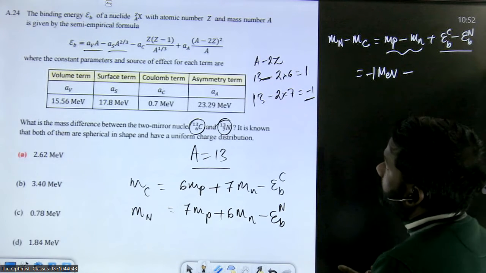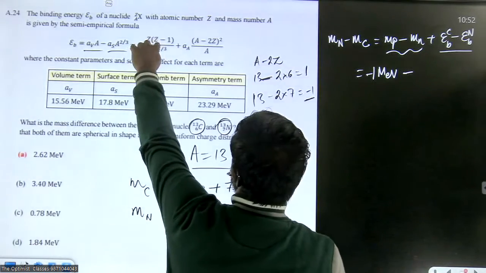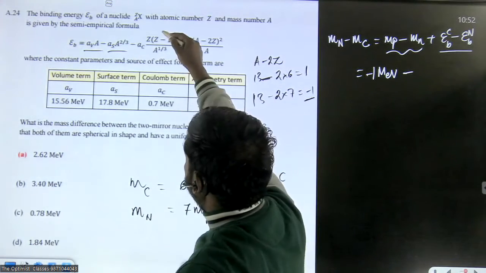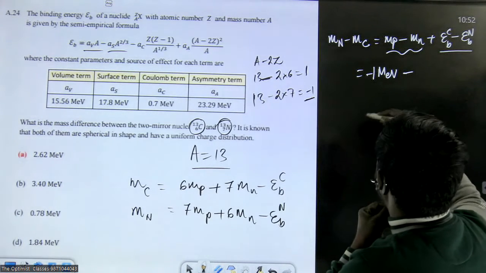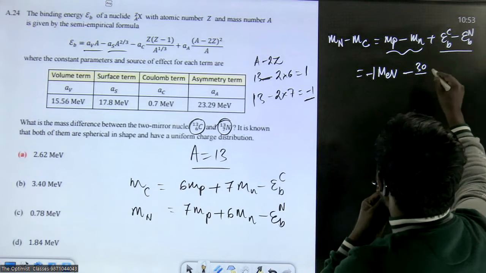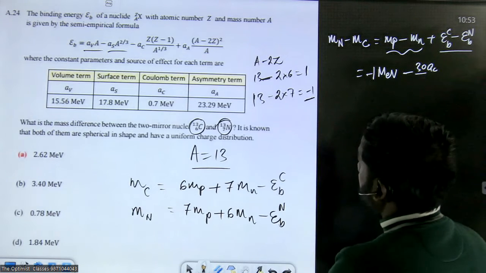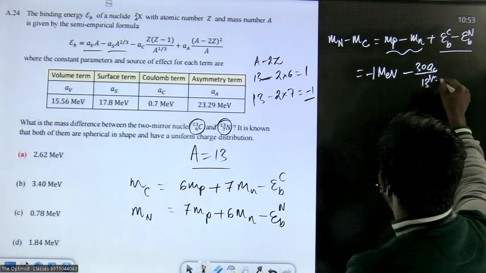For carbon, here we have the binding energy of carbon. So carbon, 6 times 5, we get 30. So we get minus 30 AC divided by A to the power 1 by 3. For carbon this is 13 to the power 1 by 3.